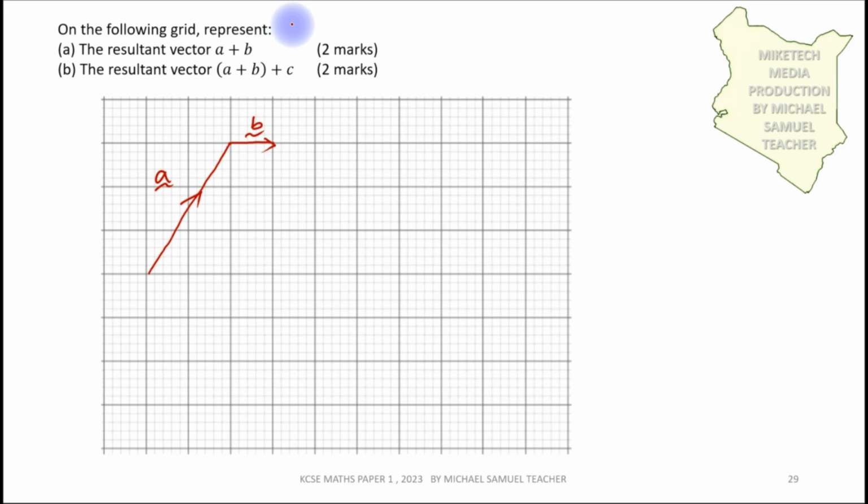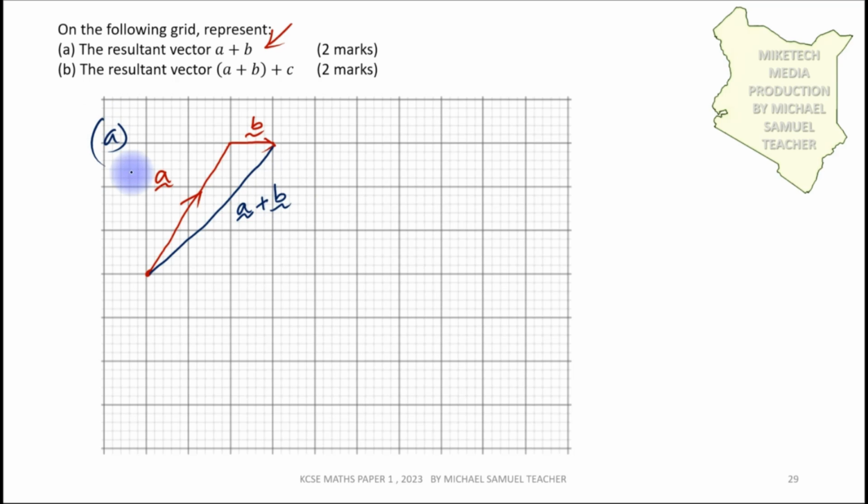So to get A plus B, we can move directly from this point to the end of B. So this is the vector, that is A vector plus B vector. So that is part A.